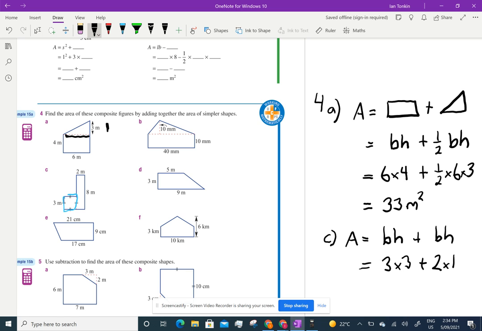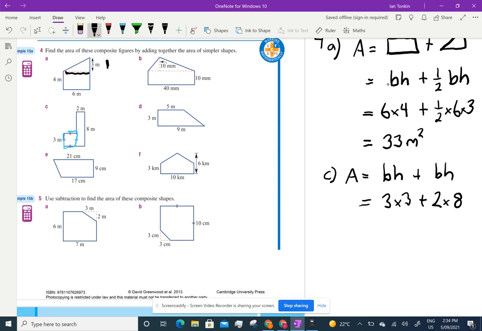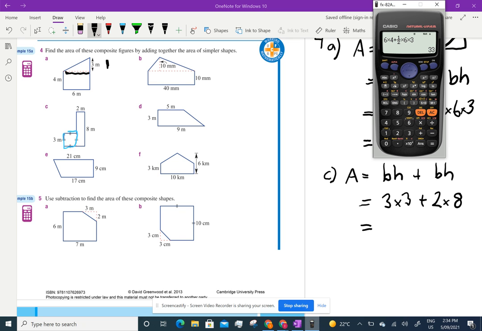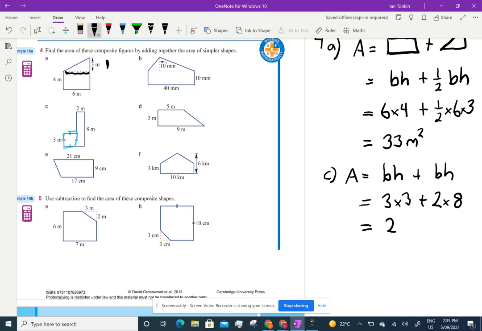And the height is 8. And again, the temptation is to go and do them separately. I prefer to do them all in one go. 3 times 3 plus 2 times 8. And that's 25. And again, we're in metres squared.